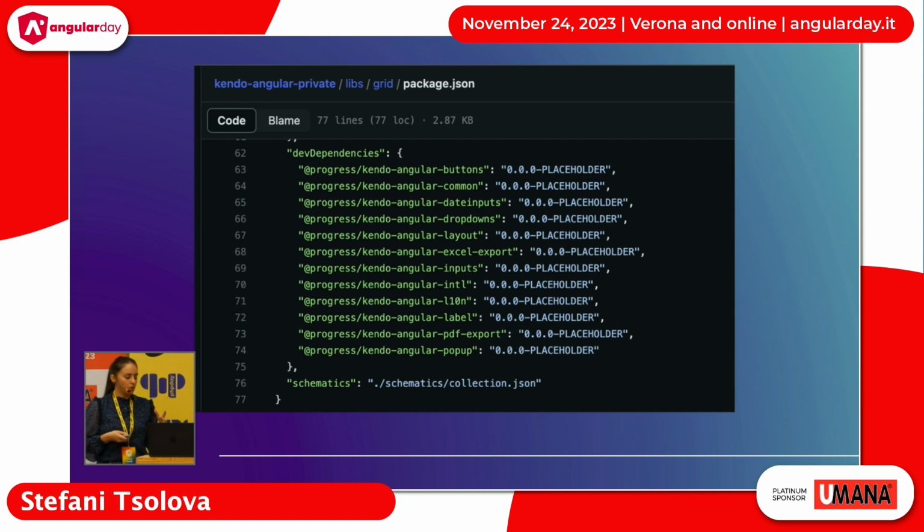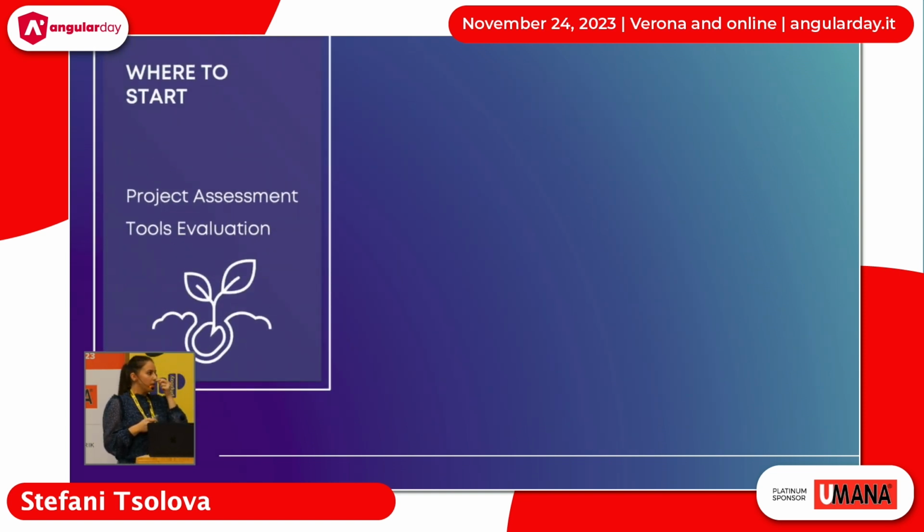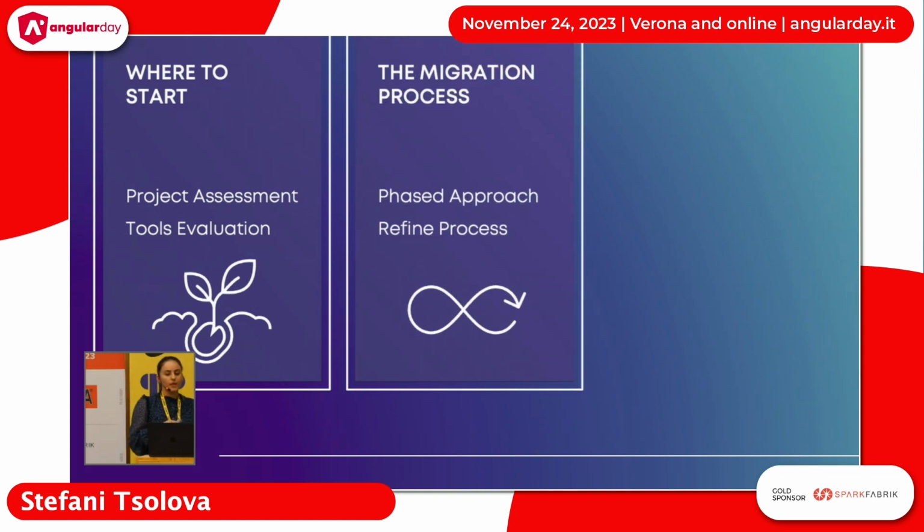We didn't have to go and manually bump the version each time we released, which was kind of awesome. So after we have established where to start, the next thing to do is the migration process itself.